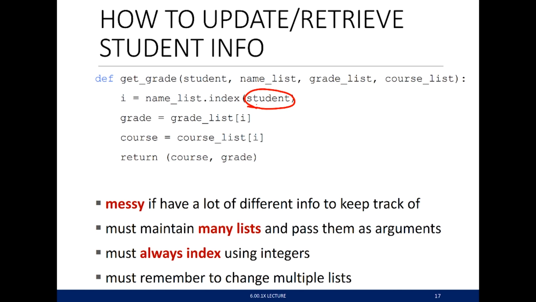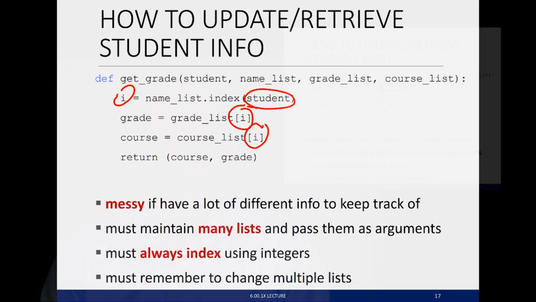And having done that, I now know the right index, and I can use that to get the grades list element and the course list element. Or said another way, I have to walk down somehow the first list to find where is that student located, and then use that to go in and find the right spot or the corresponding spot in the other list to get back the grade and the course.